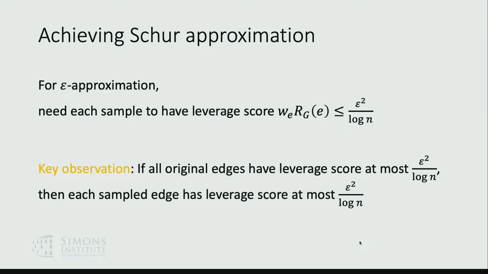The key observation that makes this work is the following: I started with an original graph, and I'm producing an approximation to the Schur complement. If I guarantee that in my original graph every edge has a small leverage score, epsilon squared by log n, then in fact each sampled edge has a small leverage score, epsilon squared by log n. If you have a uniform bound on all edges, you get the same bound on all the samples.